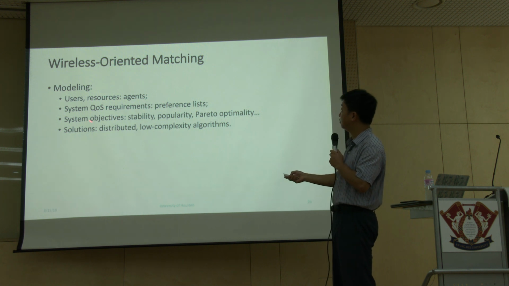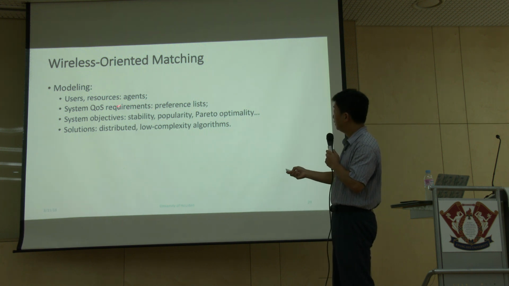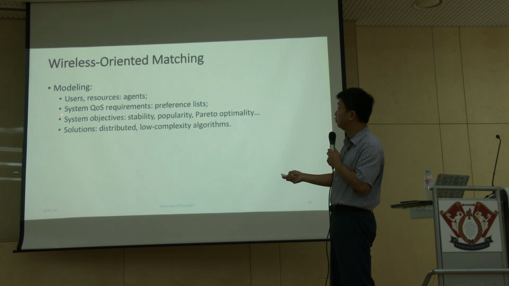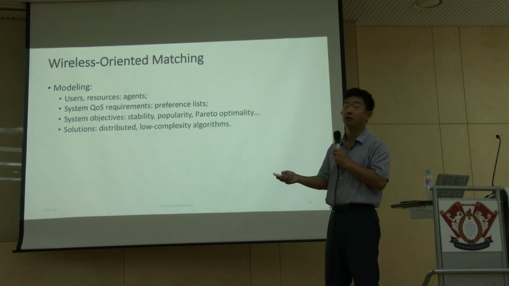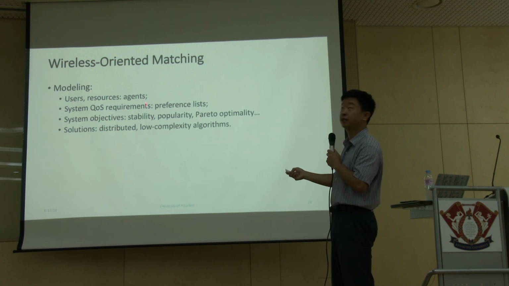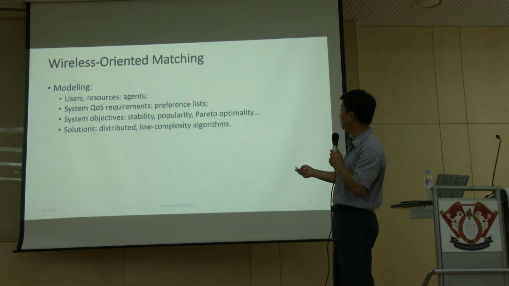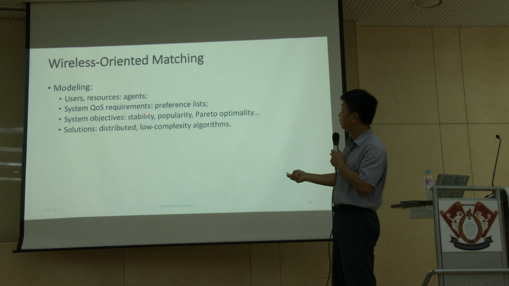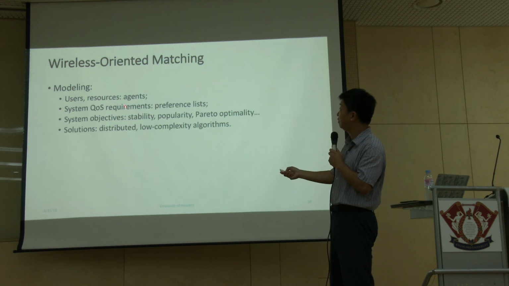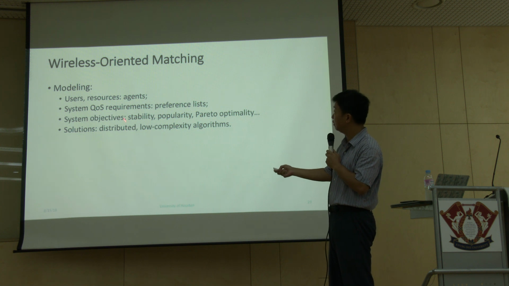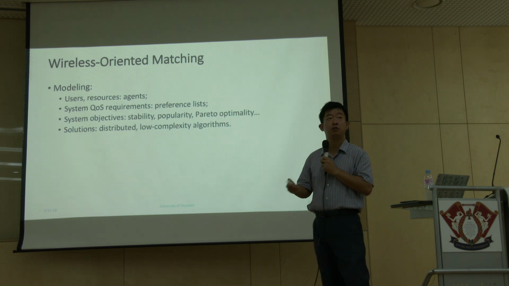And then the system objective. Compared with the centralized solution, which is social optimal, here for the game it's stability, or sometimes popularity optimal, Pareto optimal. But because everybody wants the one on the top of their preference list, even though you only achieve stability, you are near optimal.